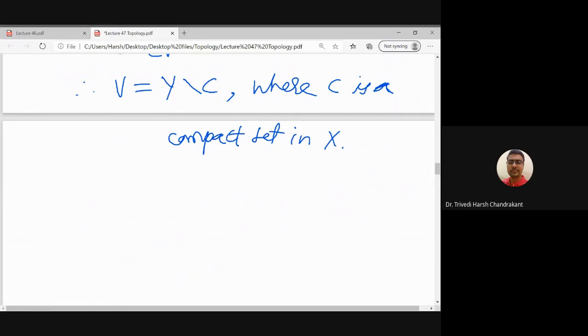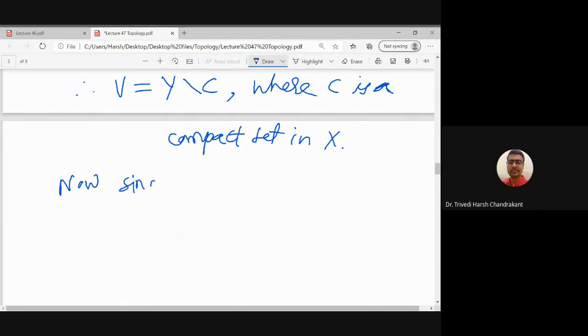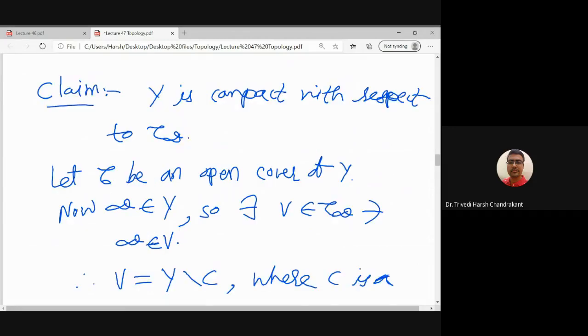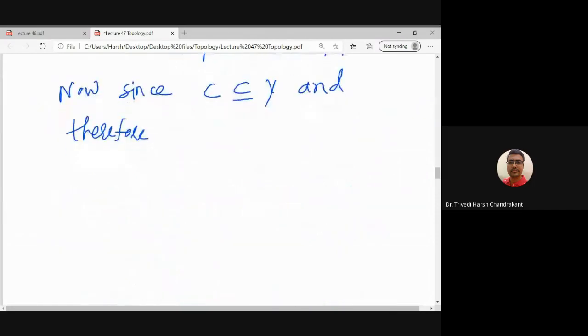So now since C is a subset of Y, and we have the cover of Y, which we denote by script C, right?